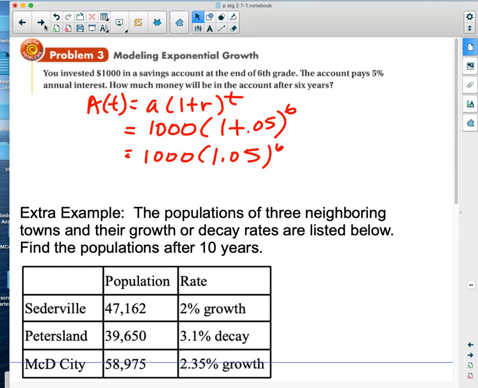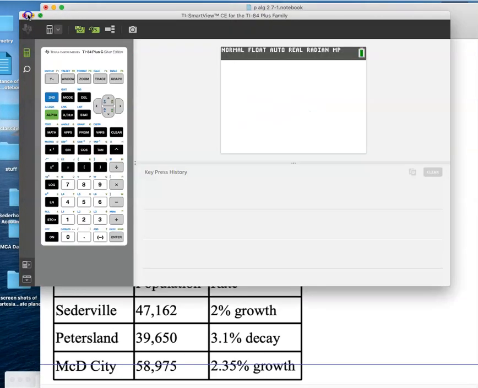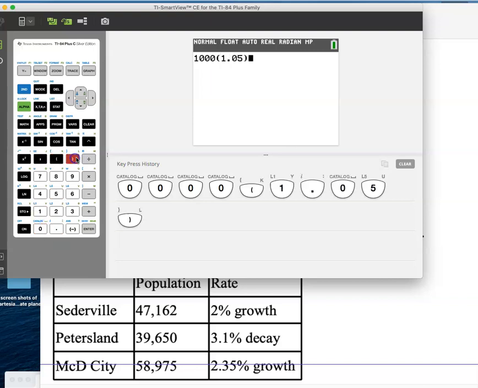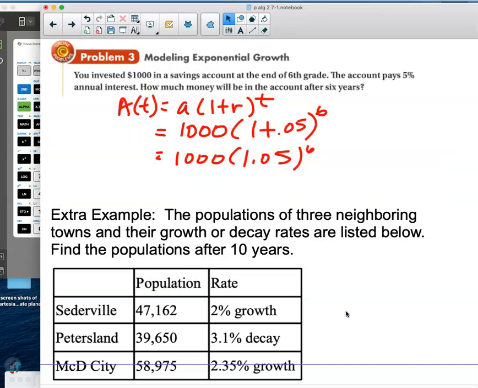So we need 1,000 and then 1.05 to the 6th. So $1,340.10. Even though, like I talked about yesterday, we know the bank would just give us 9 cents, but $1,340.10.